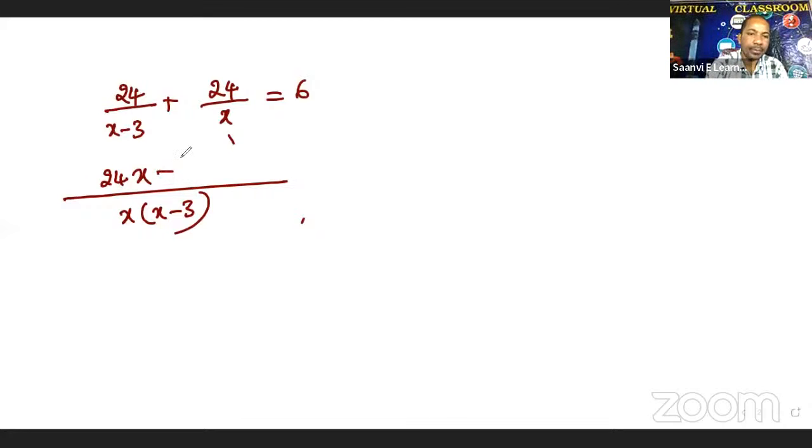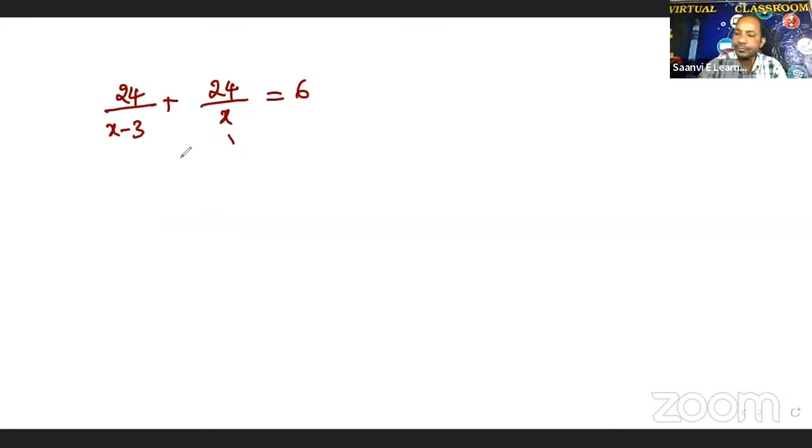Otherwise, you do one thing: take 24 common here. So 24 times 1 by x minus 3 plus 1 by x is equal to 6.